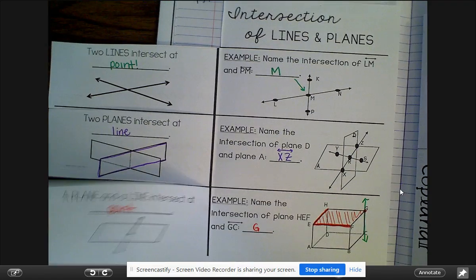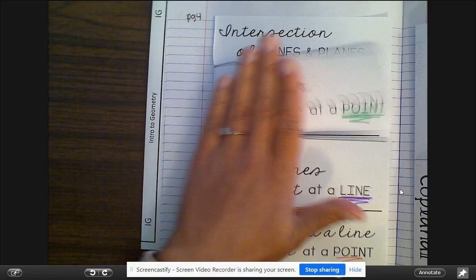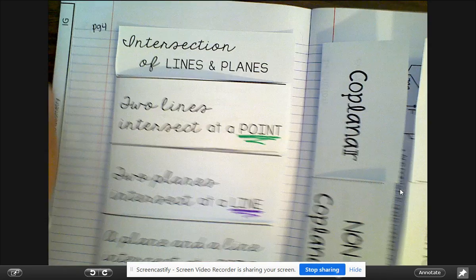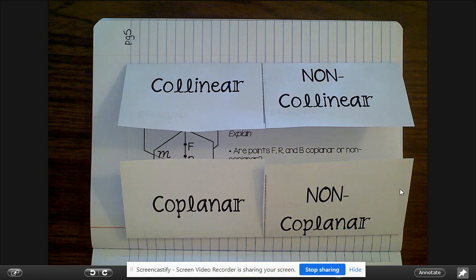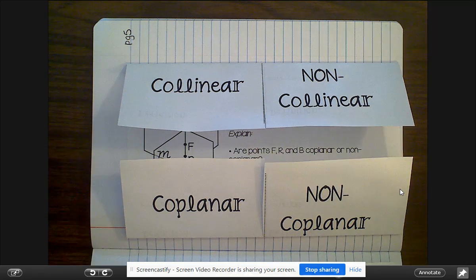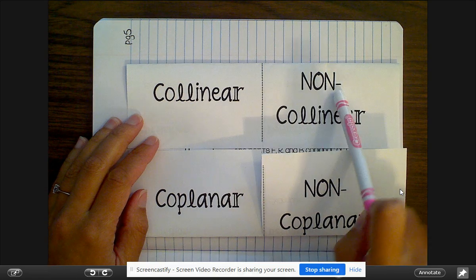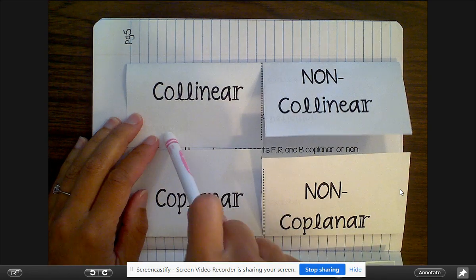Okay, so we also want to talk about, so that's kind of our intersecting stuff. On the next page here, what it means to be collinear, non-collinear, coplanar, and non-coplanar. Now, hopefully it makes sense. Whatever this is, that is not. Non means not that.